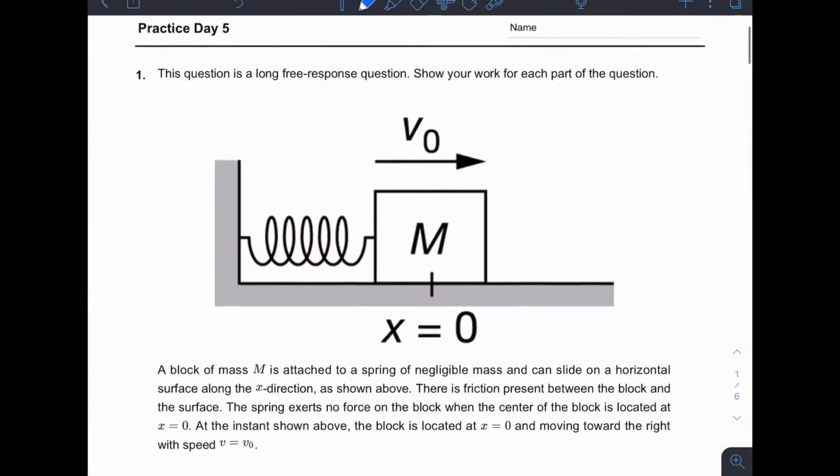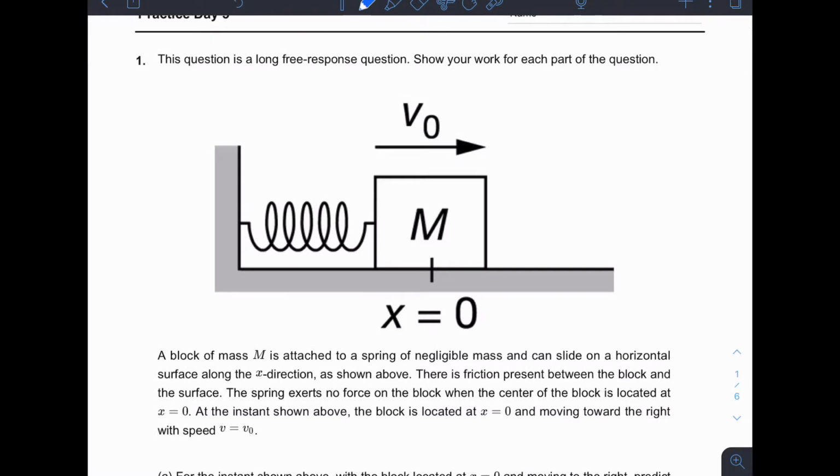Our first question here is the long free response question. This is the one that you would get 25 minutes to do. And we're told that this block is at position 0, the equilibrium position basically, which is what this indicates, no force on the block.